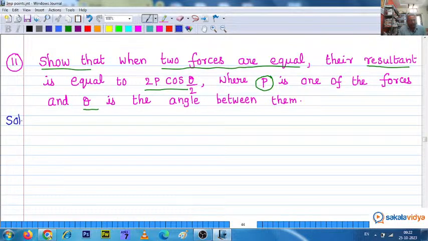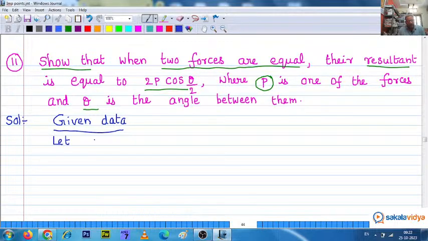Solution. Given data: two forces are equal, and p is one of the forces. You can write it like this.